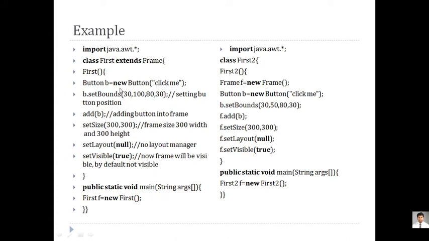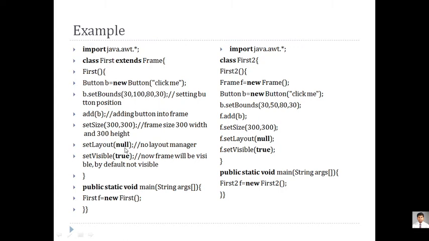Now here I have not used any container class. Whenever I am using the extends keyword, there is no need to use a container Frame object and f.setLayout and everything. So here I have just created a class and extended the Frame. I have set the size of the window, that is 300 by 300.